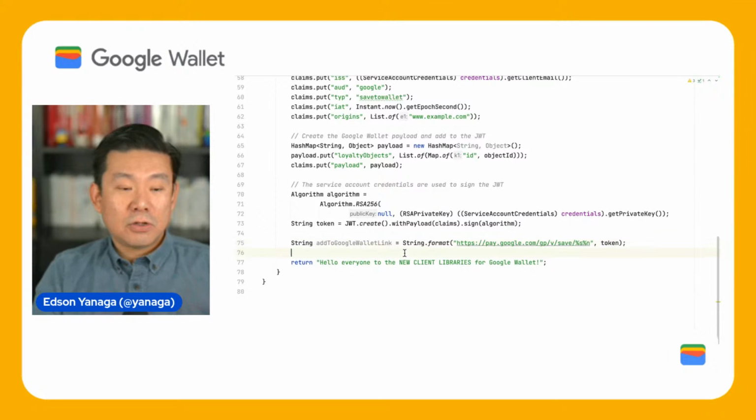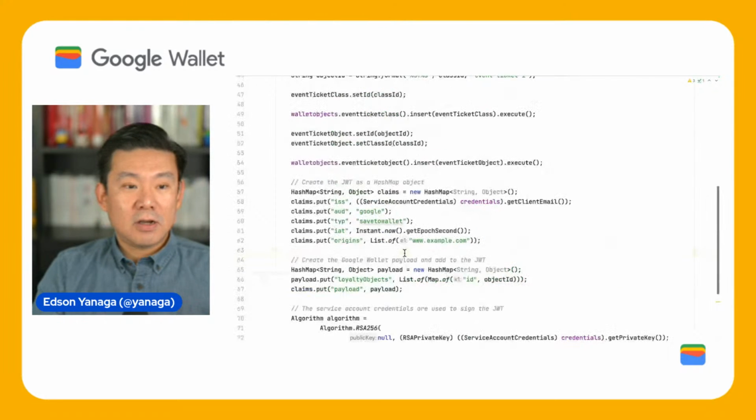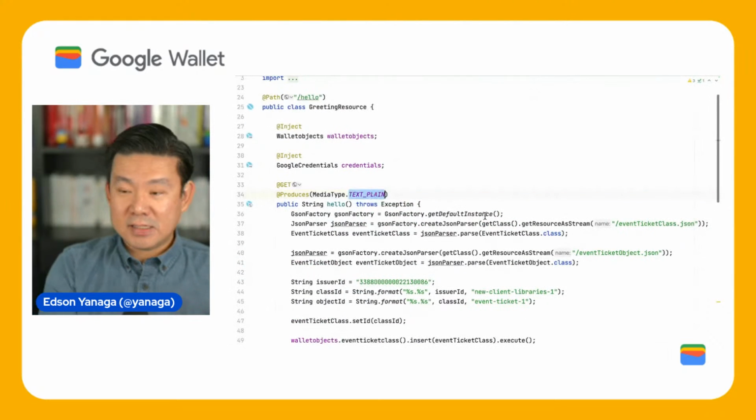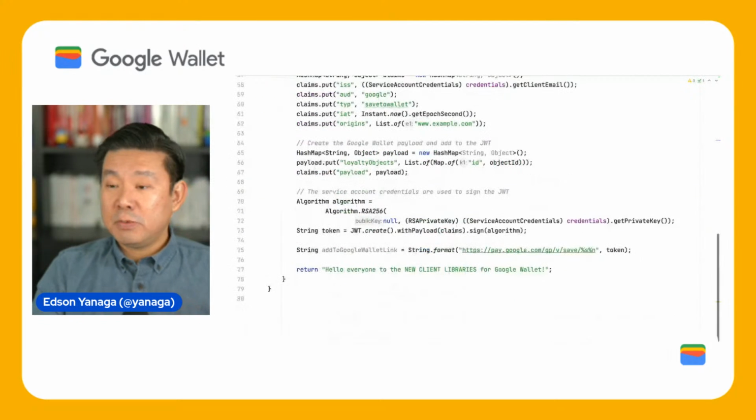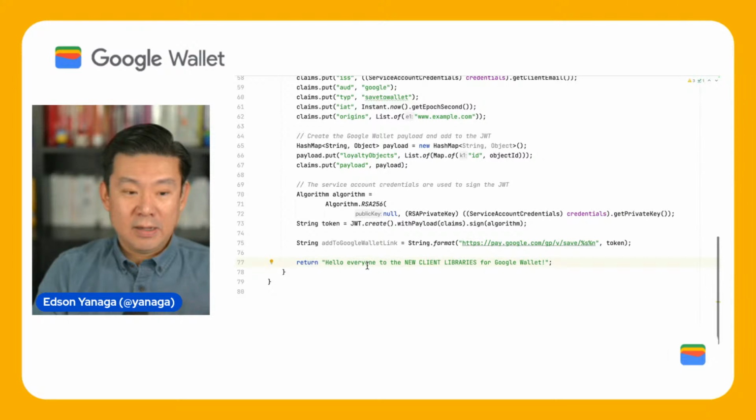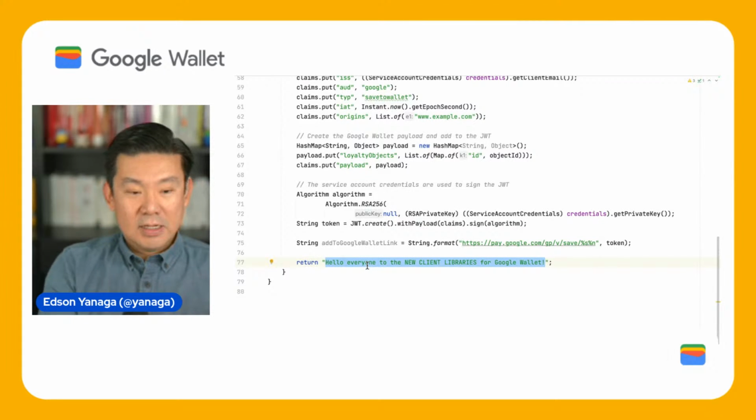Okay. So now I just return, because I want to be nice to you, instead of text, I'm going to return HTML, and I'm going to generate HTML in the worst possible way, which is like this.